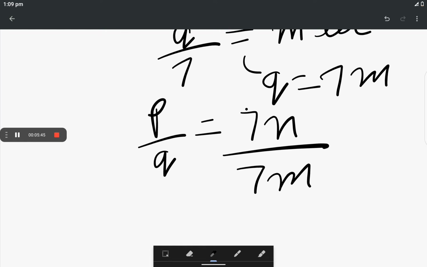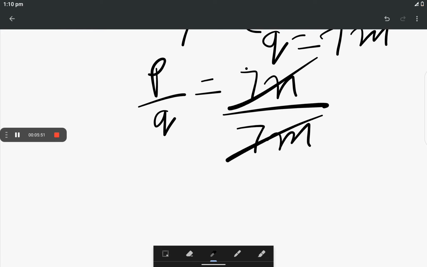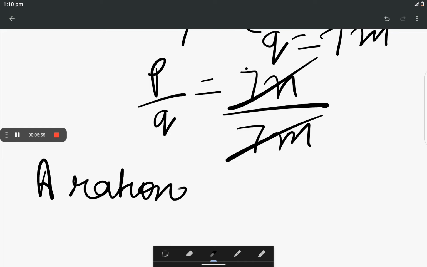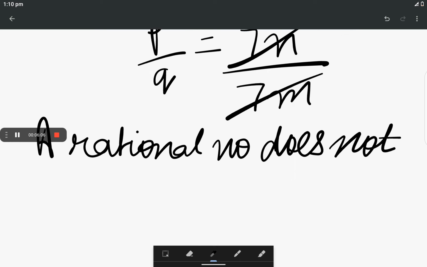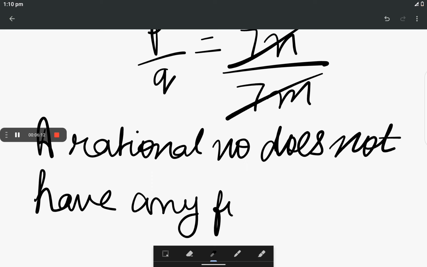Now we can see that these both can be cancelled out. And as we all know, a rational number does not have any further factors.